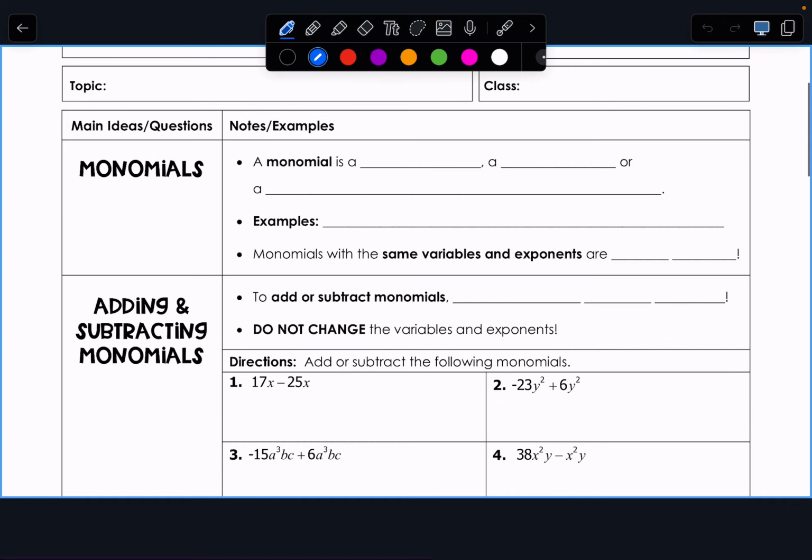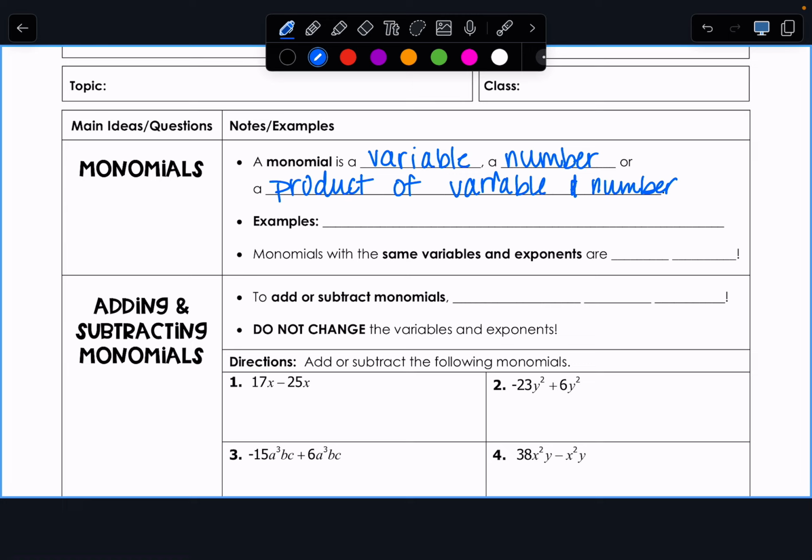So it's either a variable or a number or the product of a variable and number. We've talked about combine like terms before. A term is a monomial.